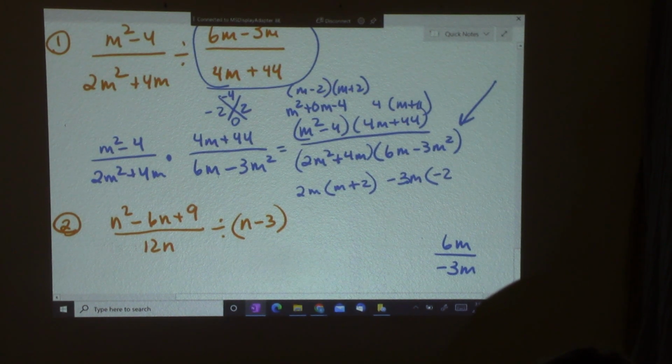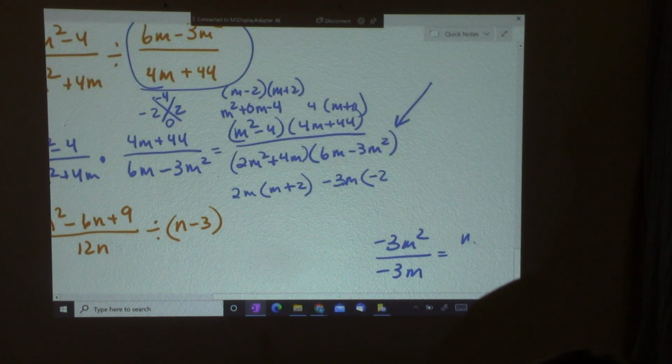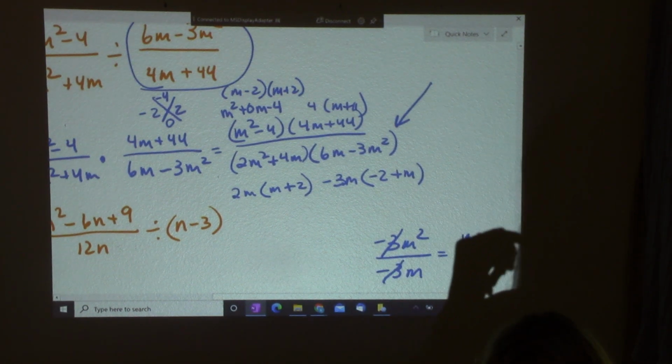Negative 2. And if I factor out negative 3m out of negative 3m squared, what am I left with? I'm just left with an m on top, under 1. These cancel completely. That's why I did it. So I end up with a positive m.